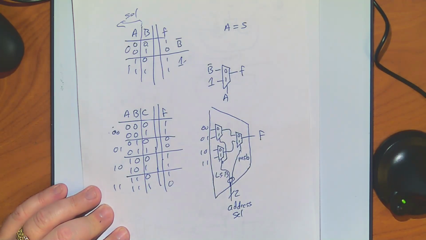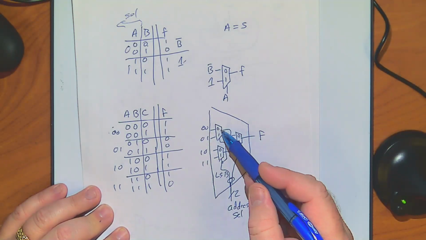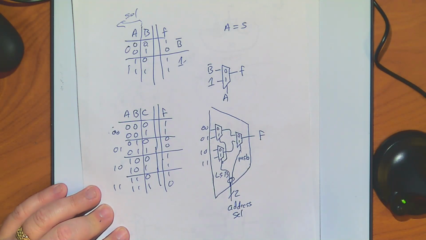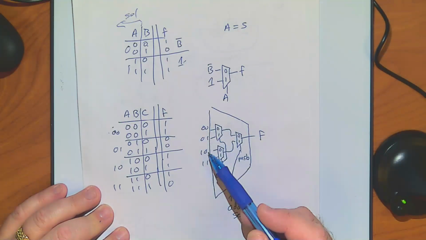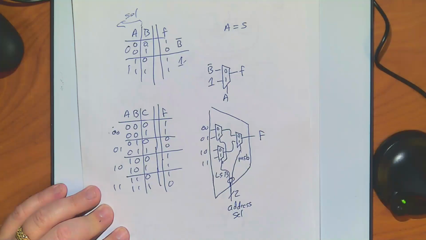And these are just what you built before. We just cascade them. Remember I said it's just a binary tree. These are just the address lines. This is the 0 input, the 1 input, the 2 input, the 3 input.